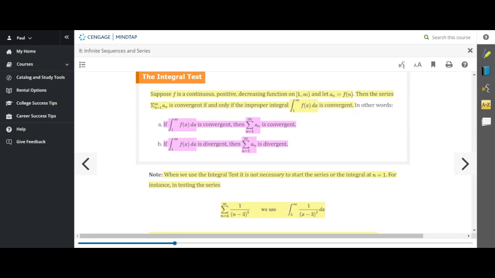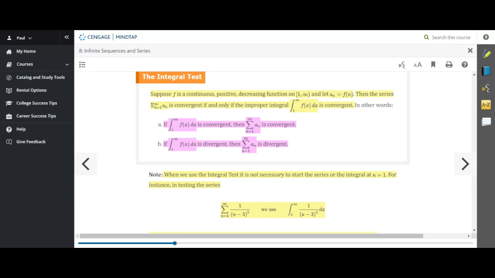So, in other words, like in part A there, if the improper integral converges, the series converges. If the improper integral diverges, then the series diverges. So this is known as the integral test.